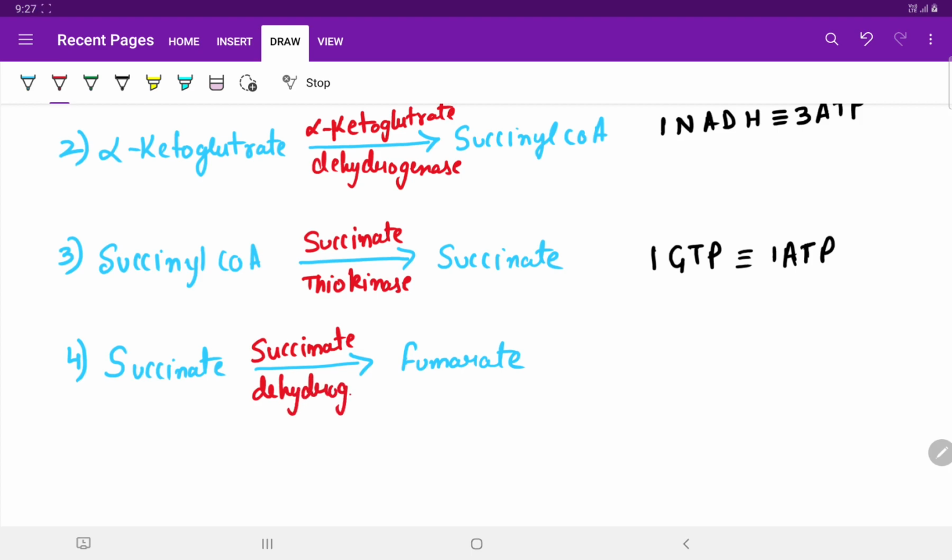So students remember, in this reaction one FADH2 molecule is produced instead of one NADH, which is equivalent to 2 ATPs.